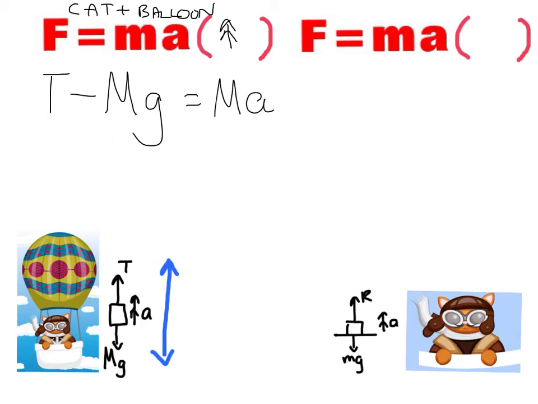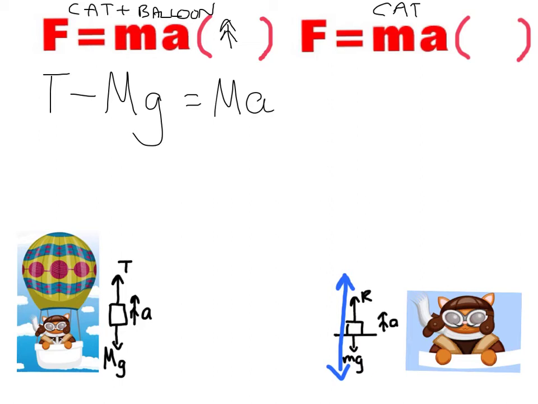Now if I just think of the cat on its own, just imagine the cat. What does the cat feel? Well, the cat is standing on the bottom of the balloon, and it's got its weight going down, and it's got a normal reaction to the contact between the cat and the balloon going up. That's the forces it feels. So it doesn't feel a tension, it doesn't feel itself being pulled up by anything, it feels itself being pushed up by the reaction with the floor.